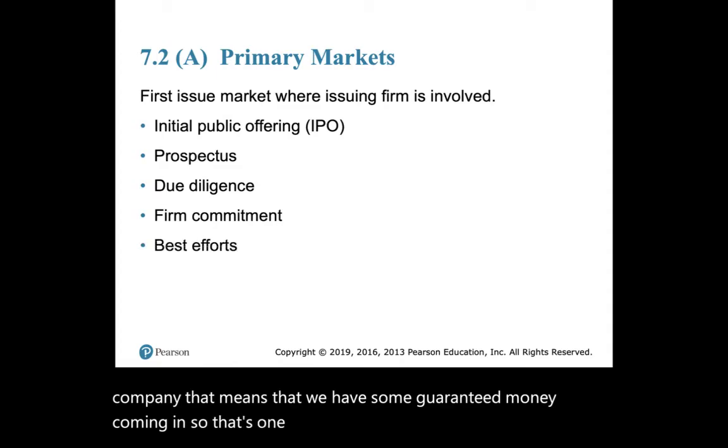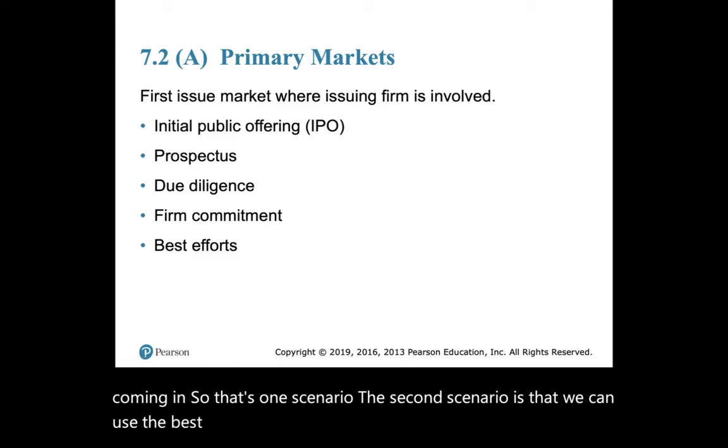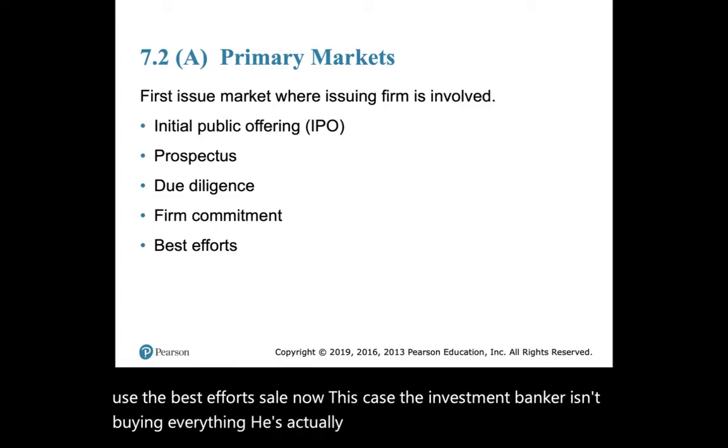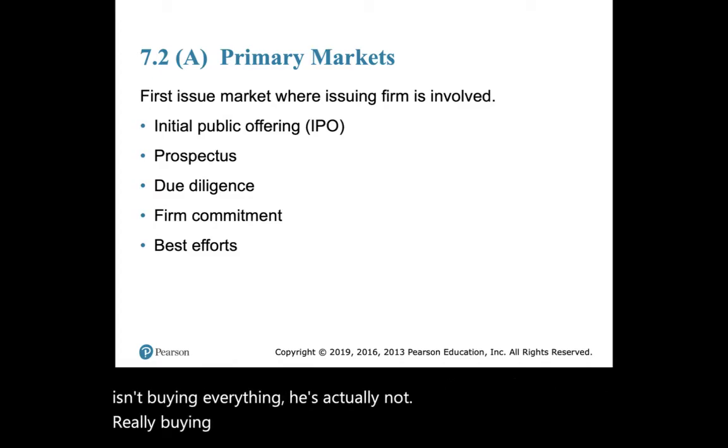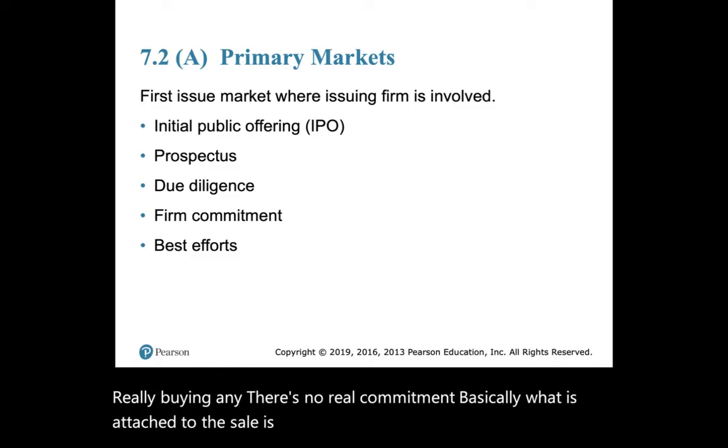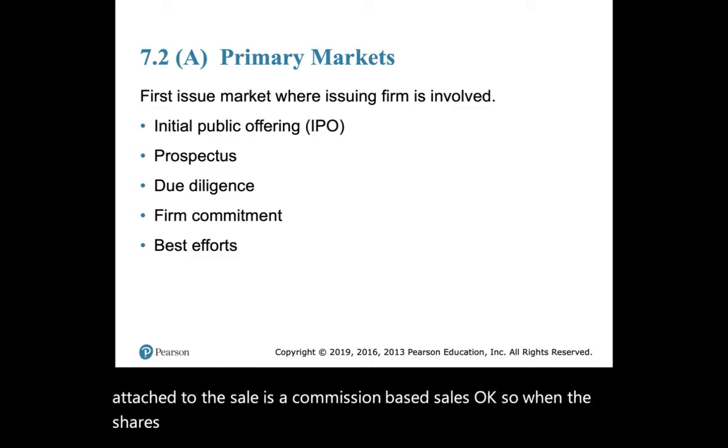The second scenario is that we can use a best efforts sale. In this case, the investment banker isn't buying everything. There's no real commitment. Basically, what is attached to the sale is a commission-based sale. So when the shares are sold, he or she would receive a commission.